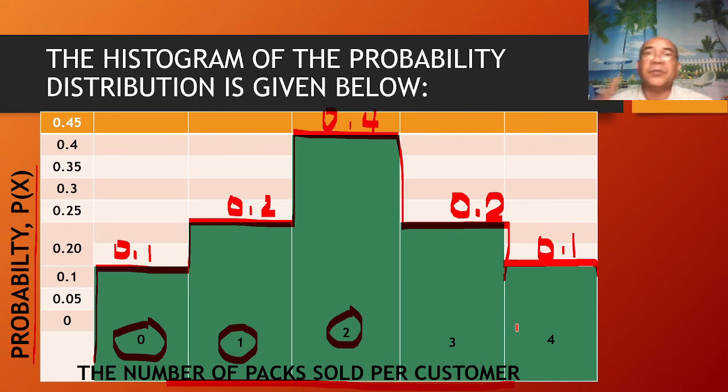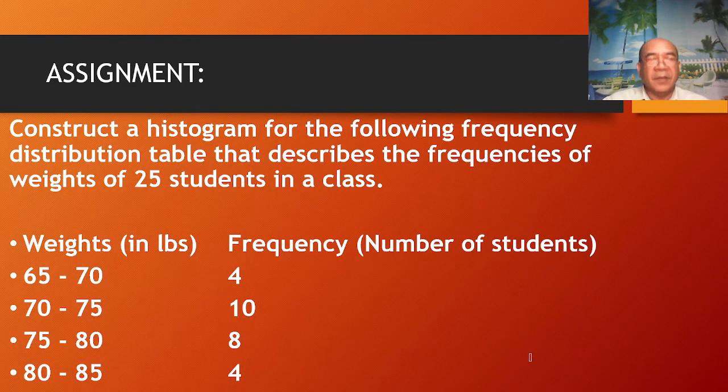So now it's your turn to make a graph. I will give you an assignment. You're going to construct a histogram for the following frequency distribution table that describes the frequencies of weights of 25 students in a class.